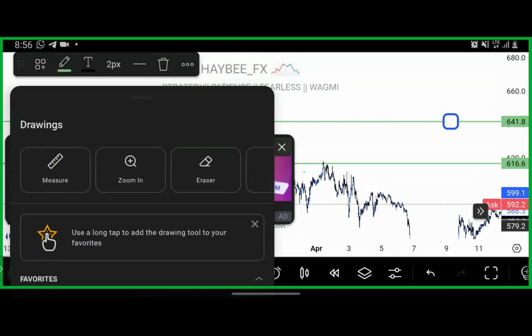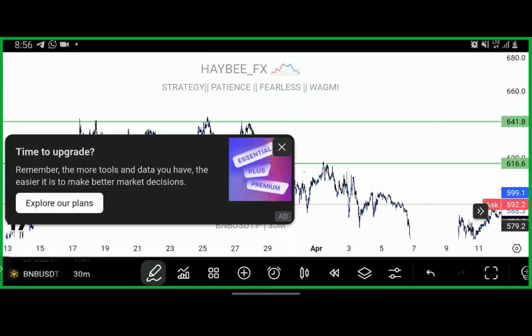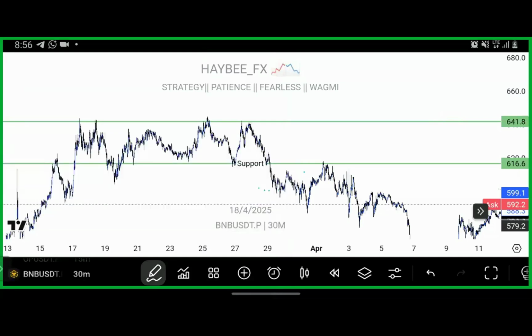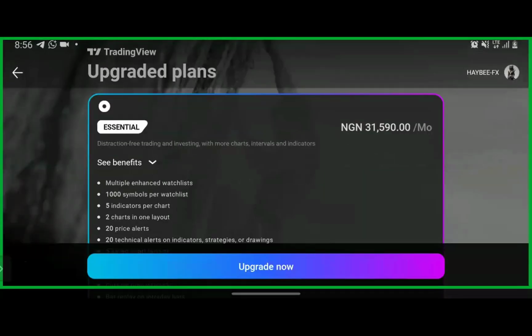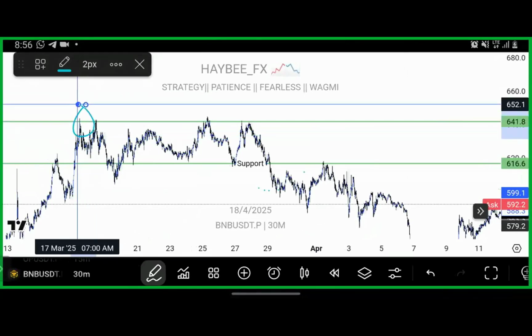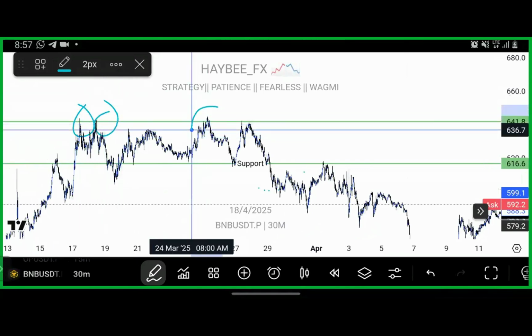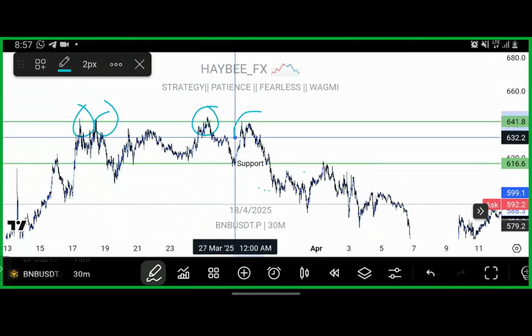Where's my brush? This is my brush. So now, you see the market, from the previous price action that has happened in the past. The market touches here, 1, and it touches it again, 2, again, 3, again, 4.